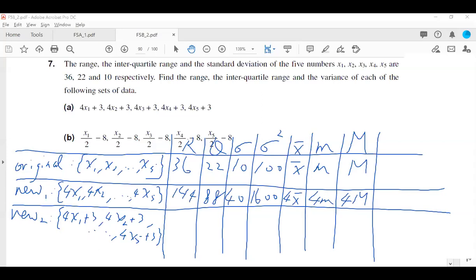It's okay. And then for the second step, if we add 3 to each of the datum, then the dispersion part will be no change.